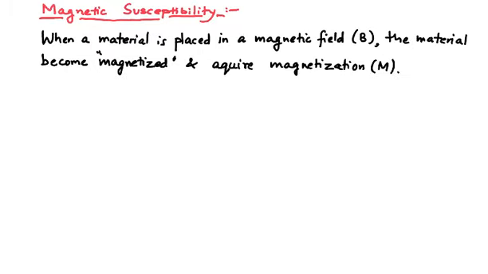Now let's look at magnetic susceptibility. When a material is placed in a magnetic field B, the material becomes magnetized and it acquires a magnetization, which we represent by M. This magnetization is proportional to the applied magnetic field.